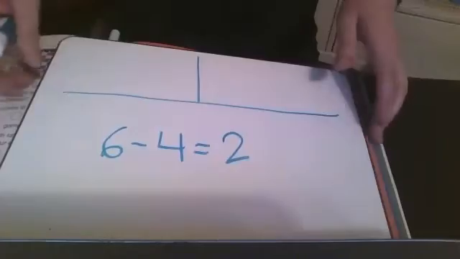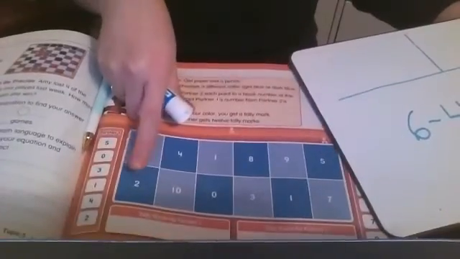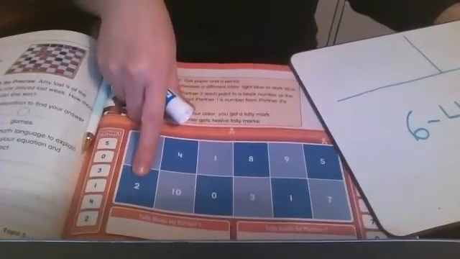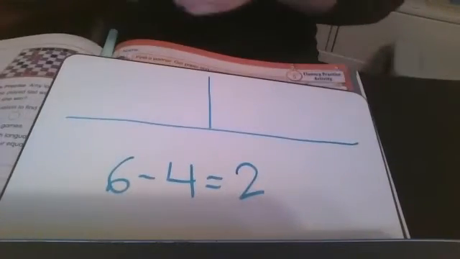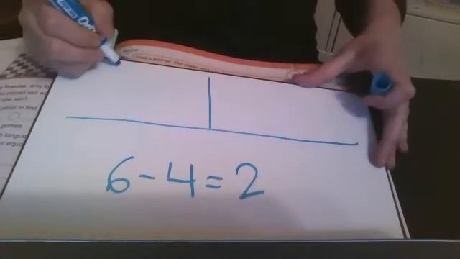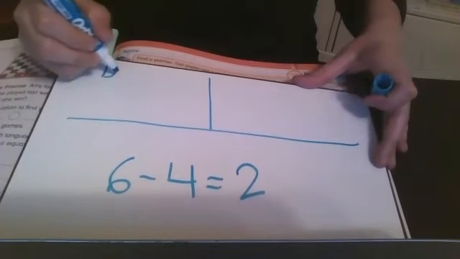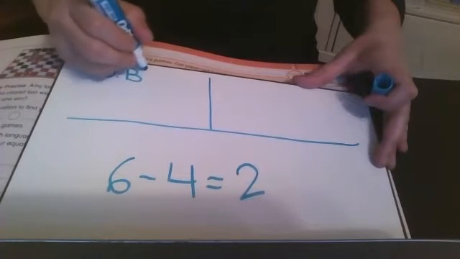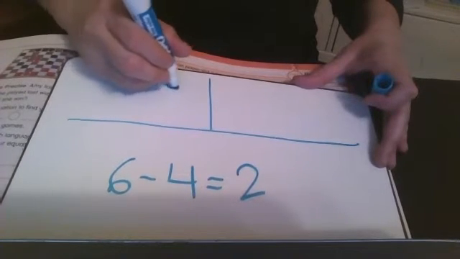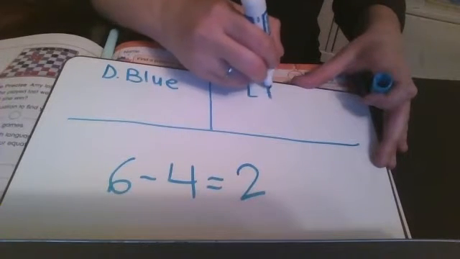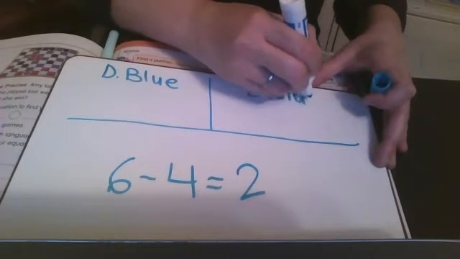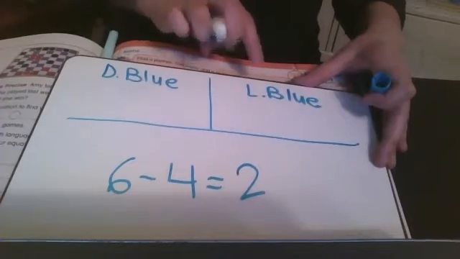Okay, all right, so now I'm going to come here and I see that 2 is a dark blue color. And so on my board, I can just put D blue, that stands for dark blue, on one side, and L blue, which stands for, you got it, light blue.